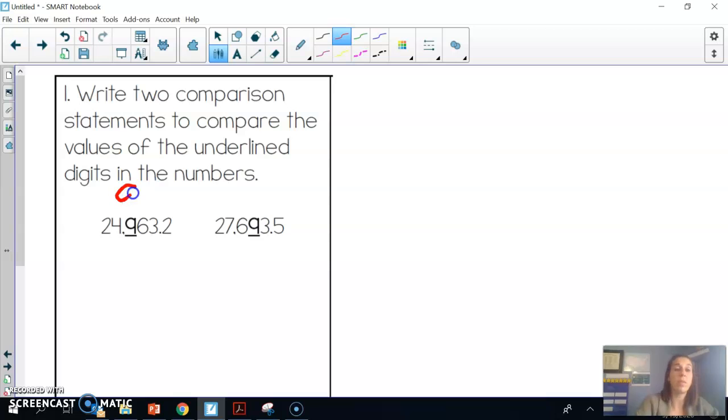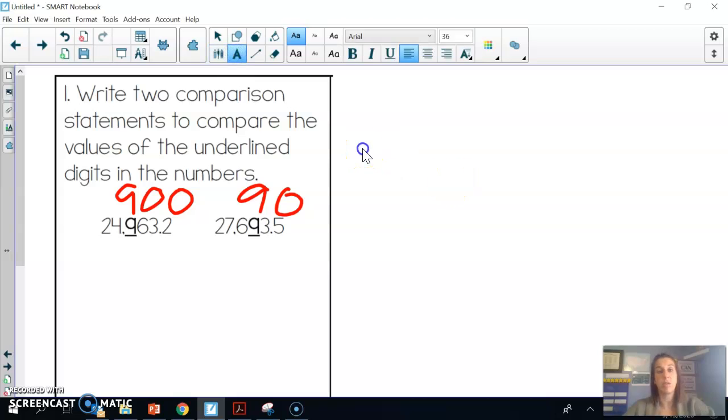So the value of the 9 in the first number in 24,963 and 2/10 is 900. I look at the second number and I see that value of that 9, it's in the tens place. So the value of that 9 is going to be 90. And now I can compare the value of the 9 digits in the 2 numbers.